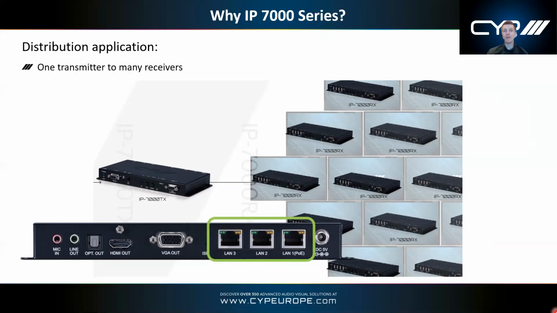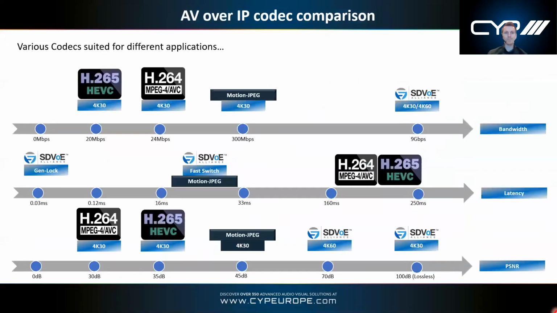So one input coming in from your transmitter, and then you've got 2 outputs on this unit, which can then be fed onto additional IP7000 RXs. Of course, it's going to be just the same signal sent to every receiver, but in a scenario like an airport where they're running the same information on multiple screens, this is an easy way to do it, just distributing that signal from point to point.